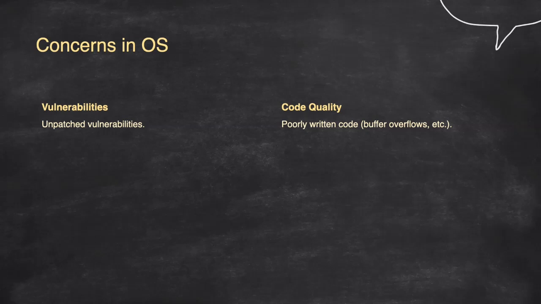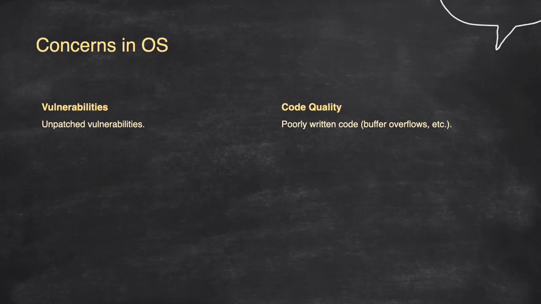But that's not all. Improper memory management, failure to handle errors, and insufficient input validation are other major concerns. Poor code quality does not just result in bugs that affect functionality, it opens up security risks that can be exploited by hackers.